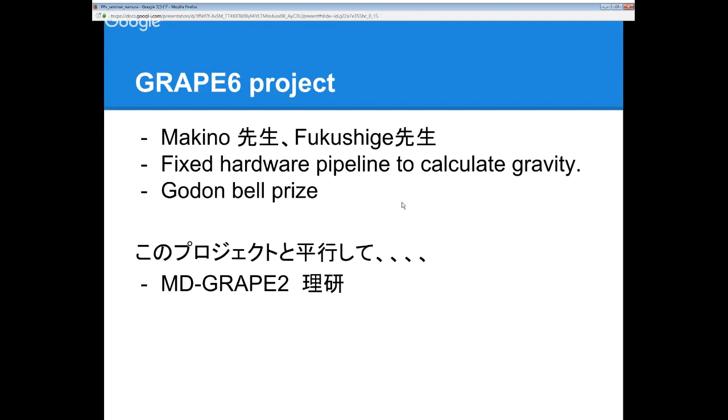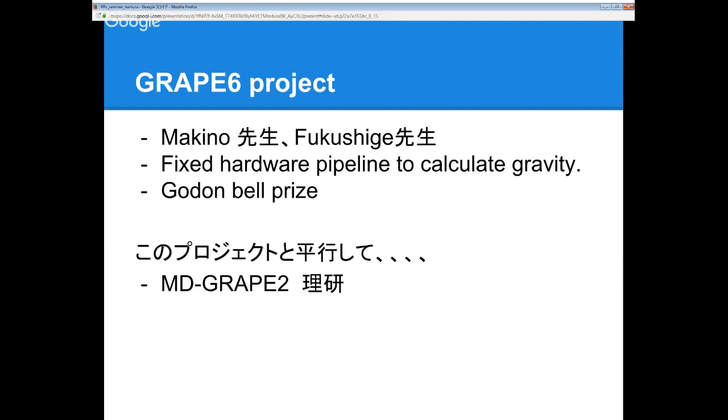This chip was designed by RIKEN. As I said, we have two projects. One project is GRAPE-6, the other is MD-GRAPE-2.